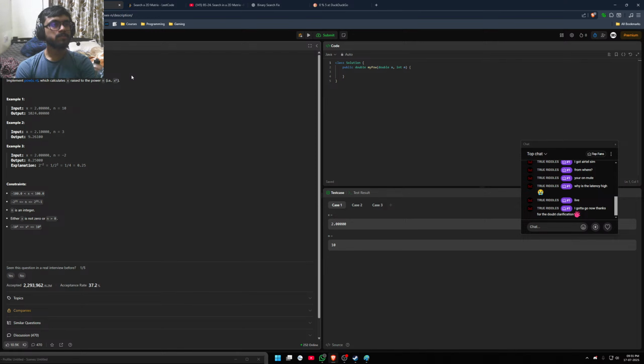Implement pow(x, n) which calculates x raised to the power n.